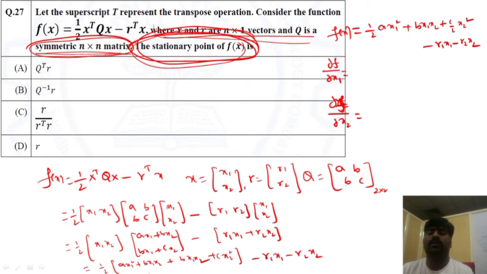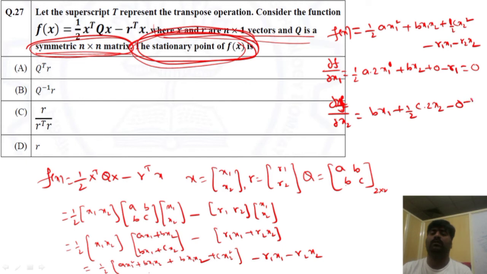So coming to dou f by dou x1, this will be half into a into 2x1, and this is bx2, and here there is no x1, so this is 0, minus r1. And similarly dou f by dou x2, this is bx1, this is 1 by 2 c x2 square, so c 2x2, and this is 0, and this is minus r2 into 1, minus r2, equating to 0.